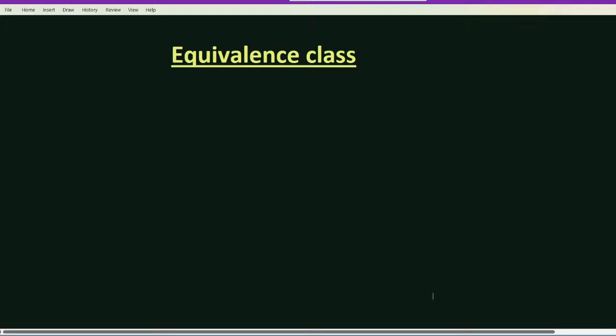So in this session I will be discussing equivalence class, which is a very important topic not only for board but for your entrance examinations also. The concept of equivalence class is linked with higher algebra.